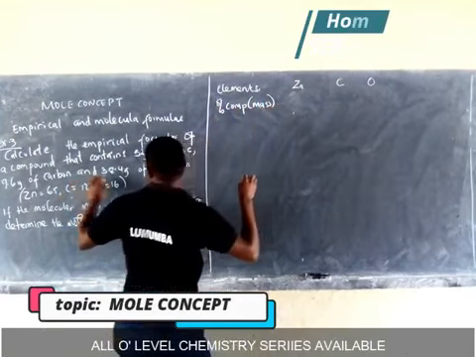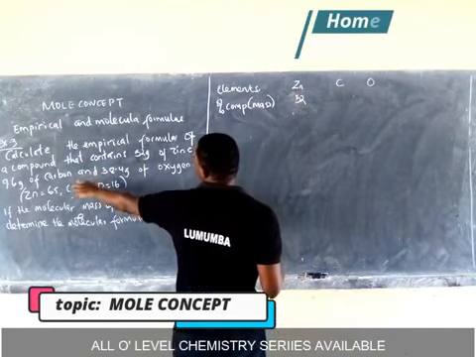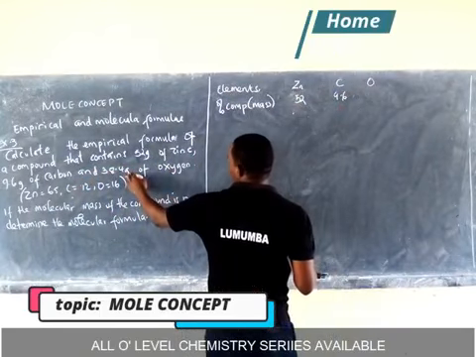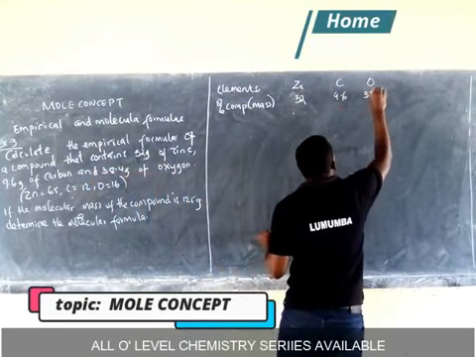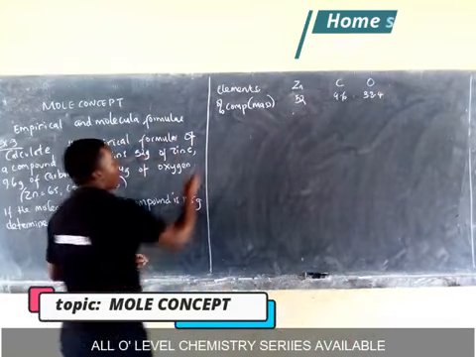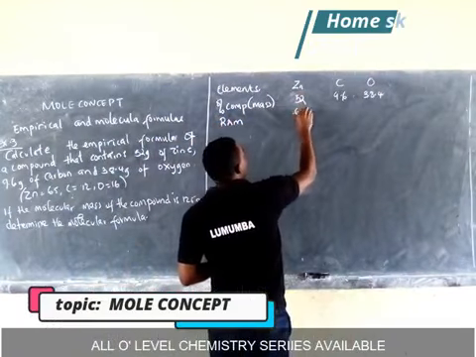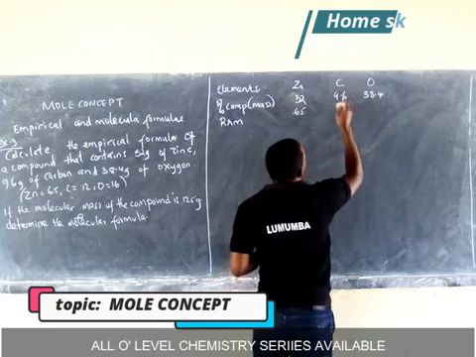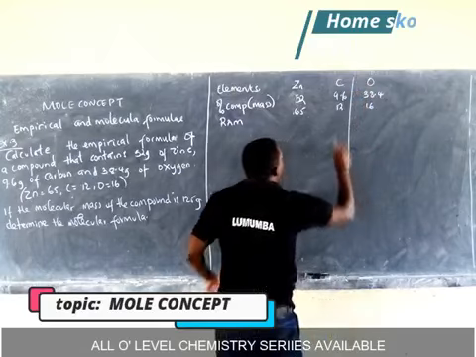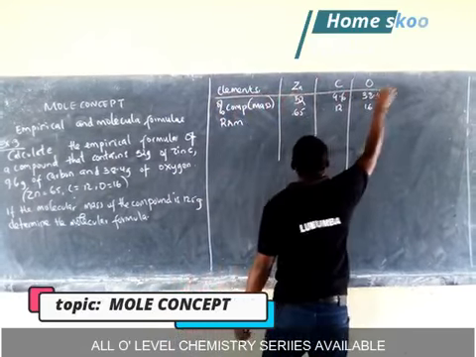So I have zinc as 52 grams, then carbon is 9.6, then oxygen 38.4 grams. The relative atomic masses: zinc is 65, carbon is 12, oxygen is 16. Draw my table like that.